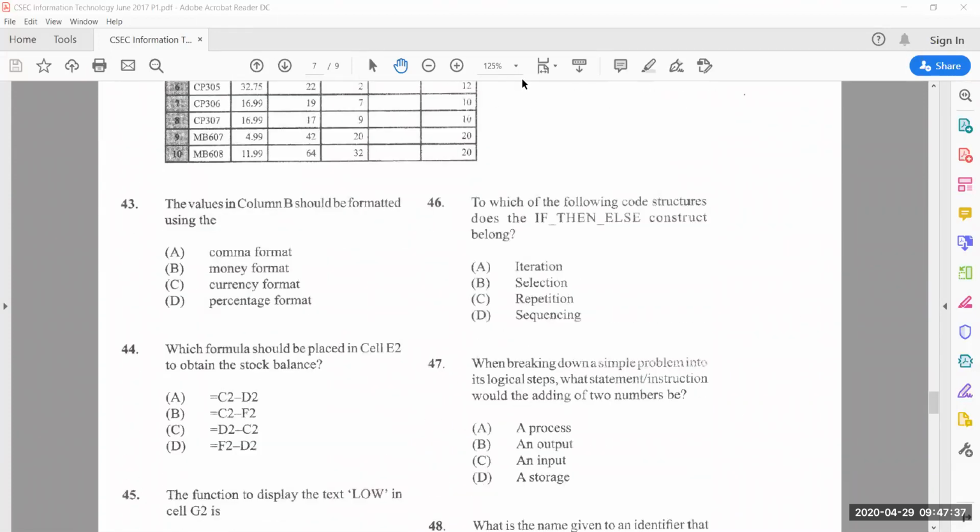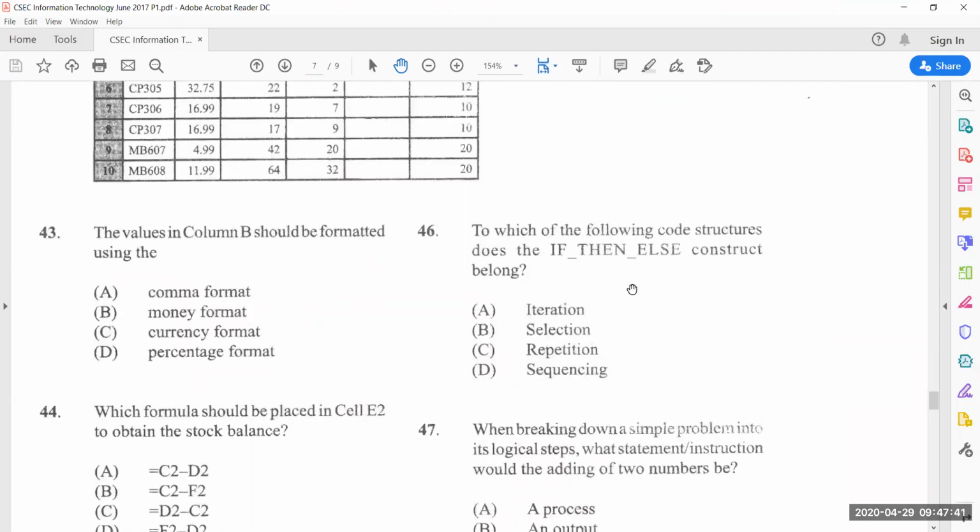All right, let's move on to 46. To which of the following code structures does the if then else construct belong?